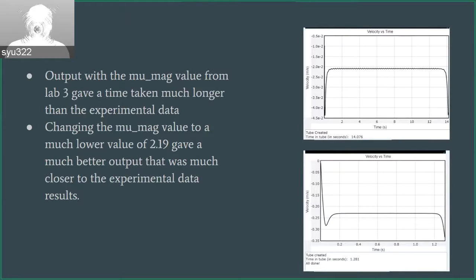And as you can see, also comparing the two velocity versus time graphs, the one on the bottom looks much more like it should. You can see the velocity decreasing and then increasing, and basically zeroing out, not zeroing out, but not increasing or decreasing, just keeping a constant value and then slowly decreasing again at the end.